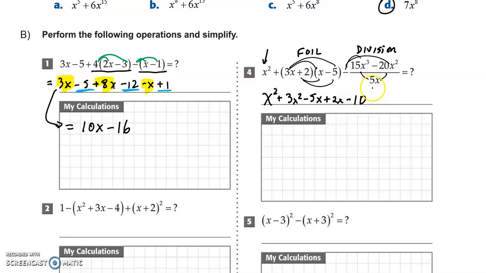The next part, however, be careful because there's a minus in front of this division. And so when I do 15x cubed divided by 5x, that's going to leave me with 3x squared. And the negative 20x squared divided by the 5x is going to be negative 4x.